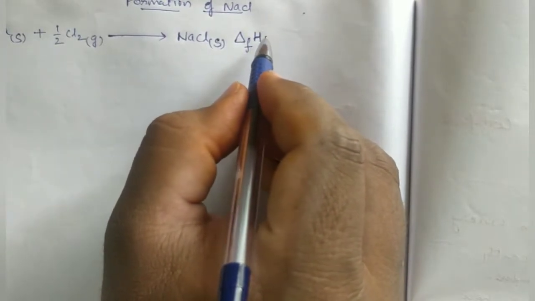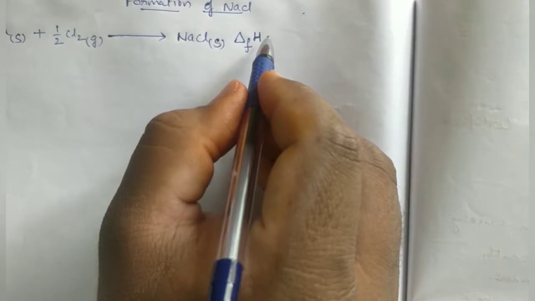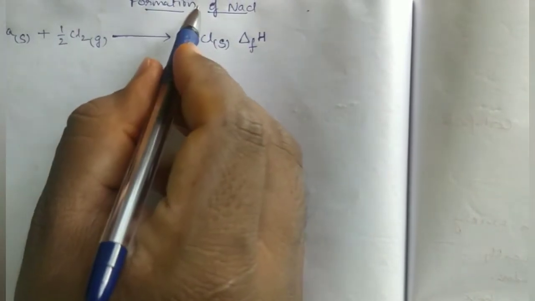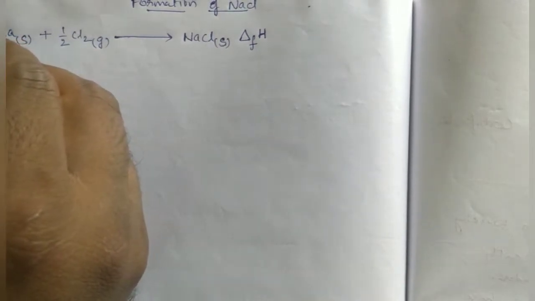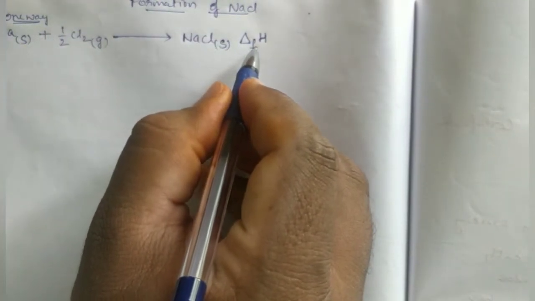The values, no need to bother about them. We have to understand that this happens in a single step. Formation of NaCl happens in a single step. This is one way. In a single step, what is the energy involved? Delta H f.